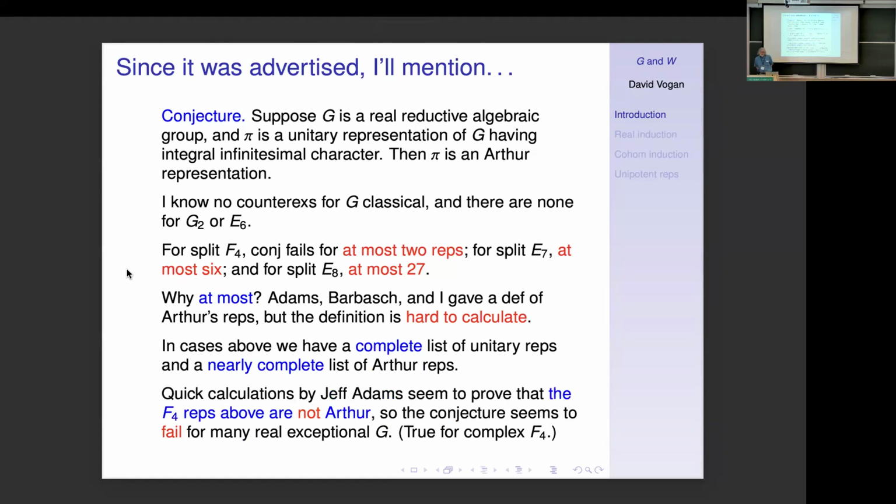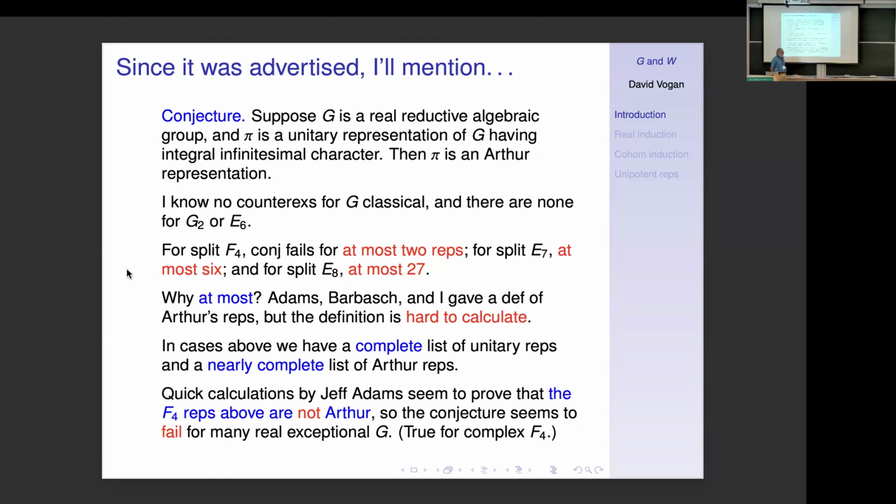Jeff did some calculations. We have these wonderful little Zoom meetings twice a week of Atlas people, so that we all have an opportunity to make complete fools of ourselves often, and we get to enjoy it, sort of. And Jeff did some calculations in an Atlas meeting which seemed to prove that those two F4 unitary representations are not Arthur representations.